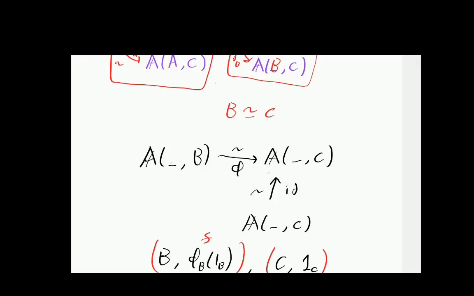Now, if we want to use this to actually get the isomorphism from B to C, we can do it. All we have to do is look at the B component of this natural transformation, and that's going to have this kind of form.